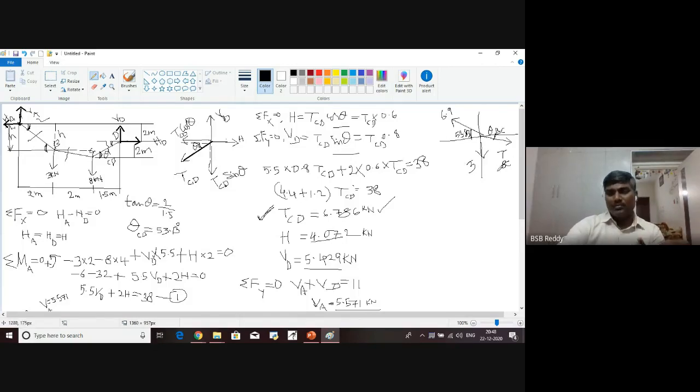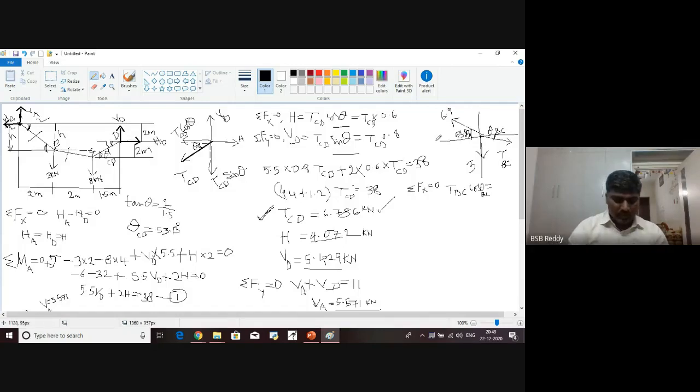We'll do it from equilibrium. So what do you do here? I write sigma Fx = 0 and sigma Fy = 0, the same way of applying equilibrium equations. From sigma Fx = 0, TBC cos theta BC is equal to 6.9 cos 53.83.